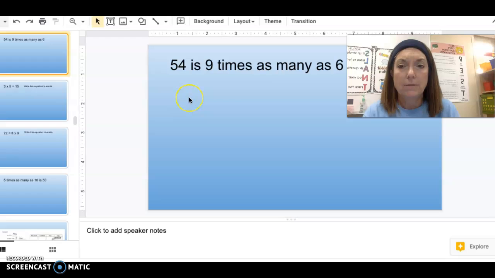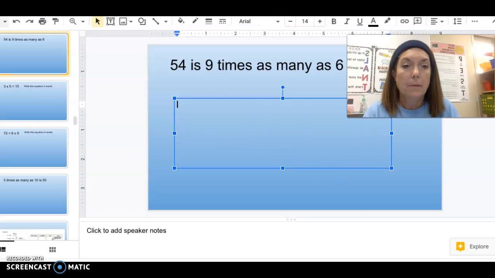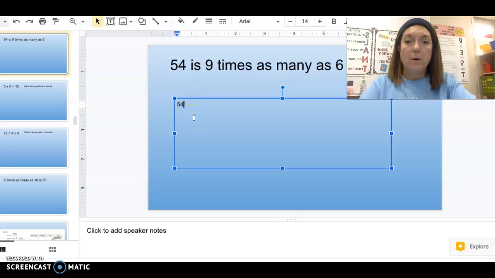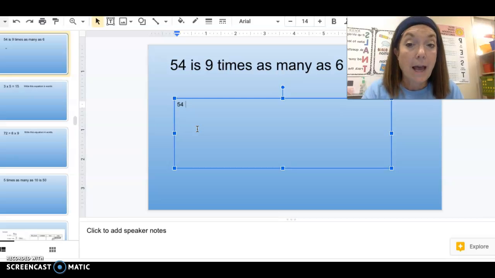Let's take a look at this first one. It says 54 is 9 times as many as 6. So what I would do there is put 54 is 9 times as many.